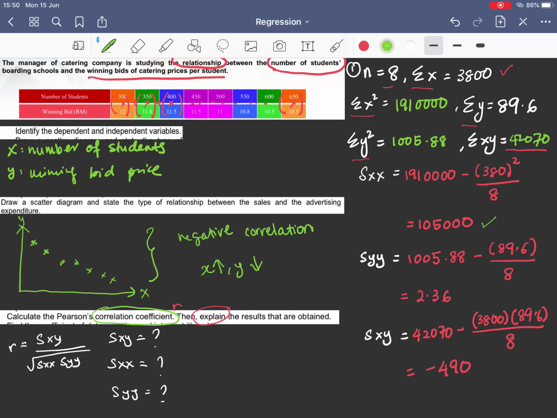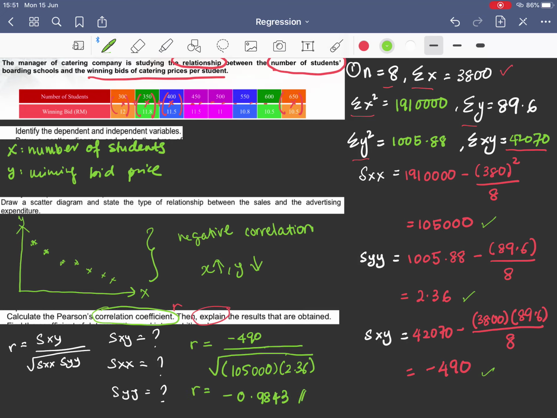We have the Sxx, Syy, Sxy. Now your R. R is equal to Sxy, negative 490, divided by the square root of Sxx, 10500, times 2.36. So the answer here is negative 0.9843.